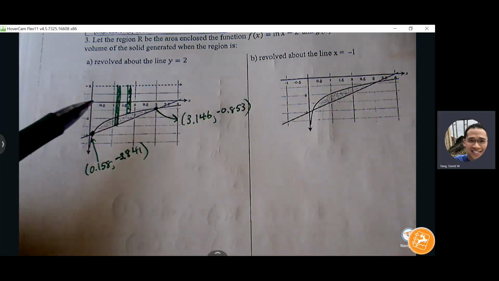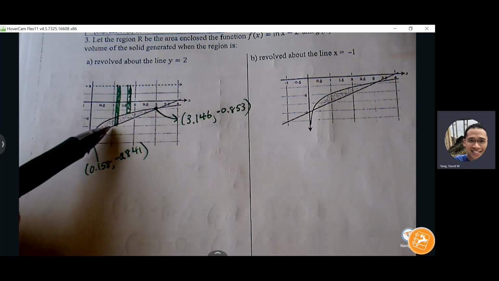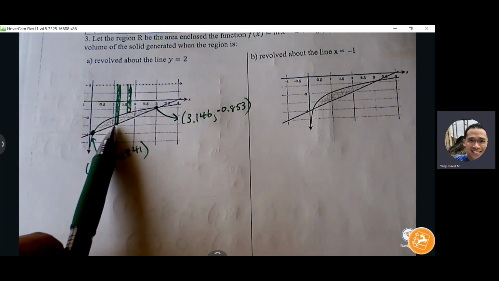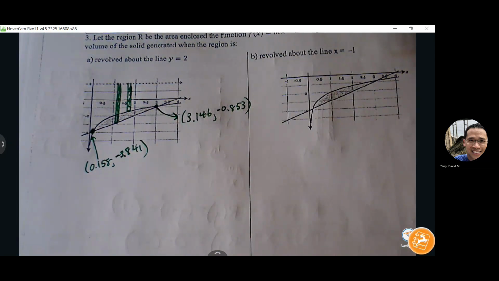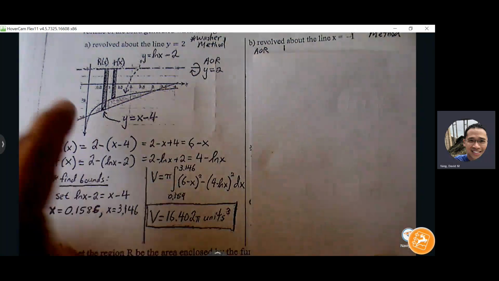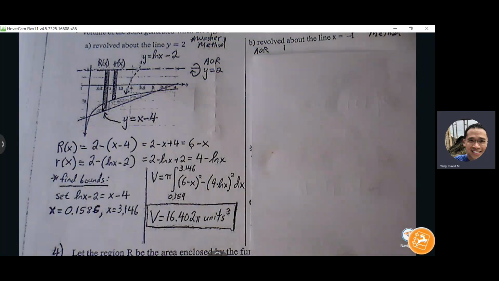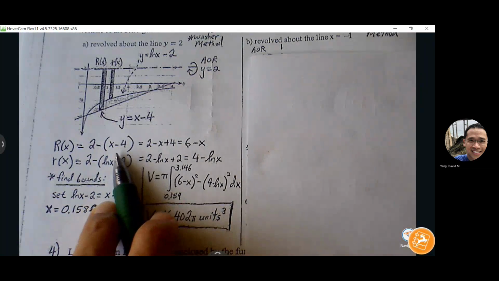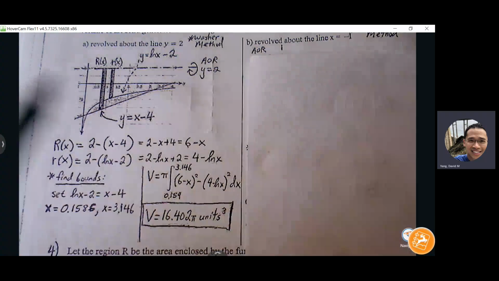Okay, top minus bottom. The top of the big radius is sitting on the 2. The bottom of the big radius is sitting on the line. So 2 minus parentheses x minus 4. The little radius is 2 minus the curve, so 2 minus parentheses natural log of x minus 2.